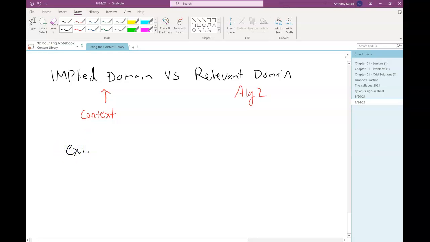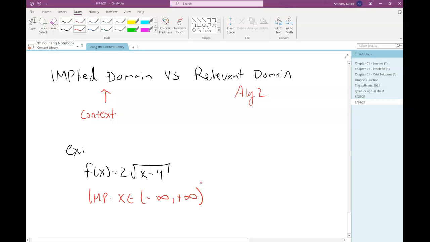So here we're just going to write the domains for these functions using interval notation. That is the direction that we're going to use here. So here we just have f of x is equal to 2 times the square root of x minus 4. Here, the implied domain, there's no context given.